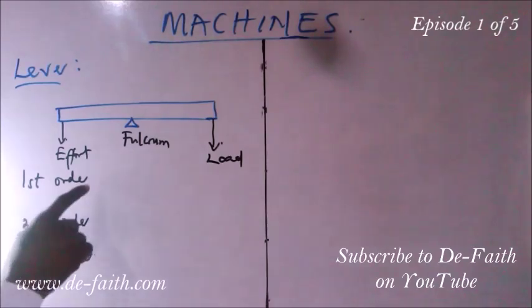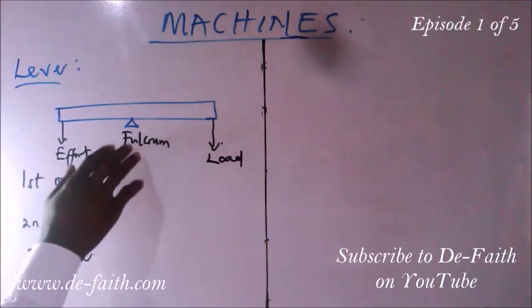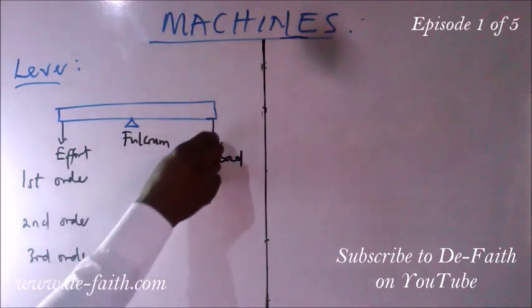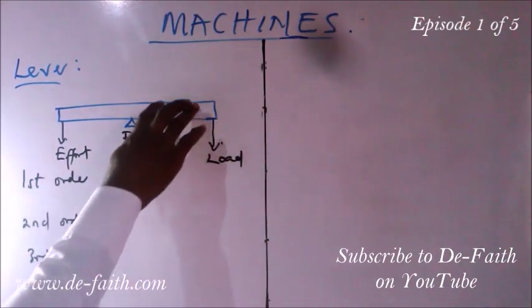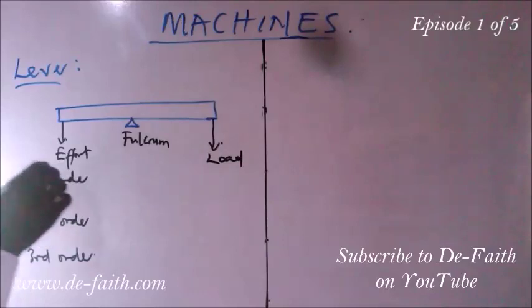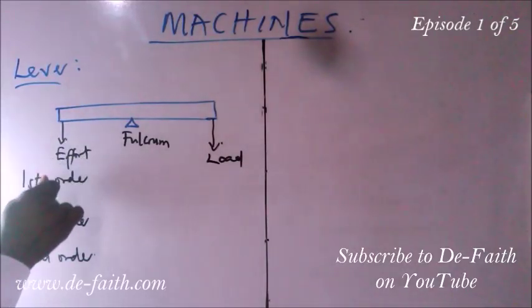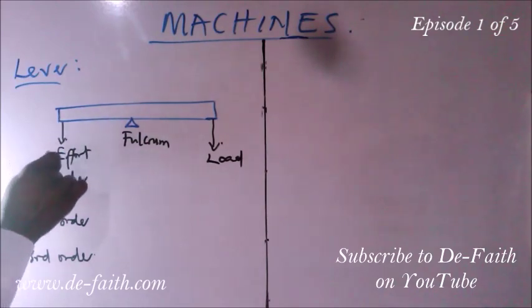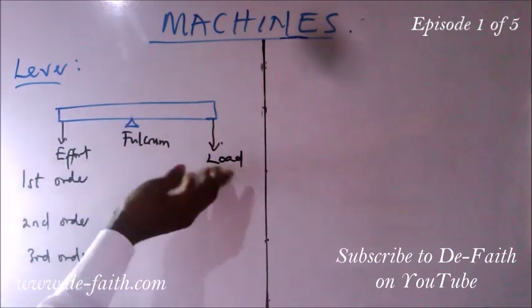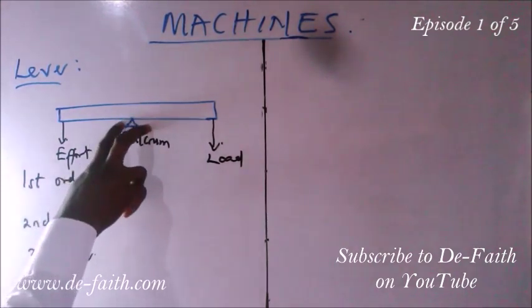Now, in the first order, this is a diagram of such, where the fulcrum is at the middle, such that when a load is applied here, the body tends to move down, and this tends to move up. But if the load is to be carried easily, the effort could be applied to this side, and the effort applied will help to lift the load up, and the fulcrum can be adjusted.